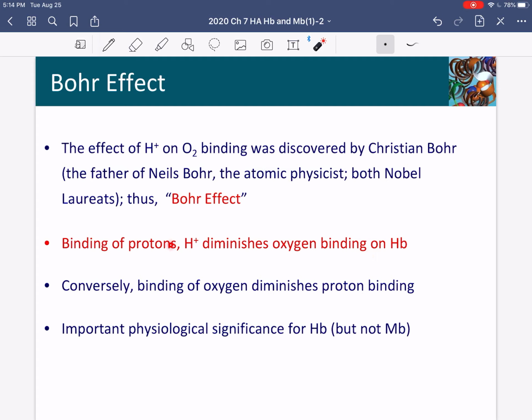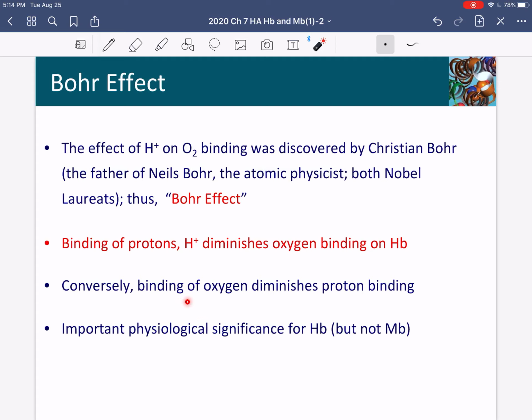Even though the protons are not trying to bind to the heme, they don't bind the heme. That wouldn't make sense. That would be two positively charged ions, and they would be repulsive to each other. It binds to a site outside of the heme, somewhere else on the protein, and that's what makes it an allosteric effector.